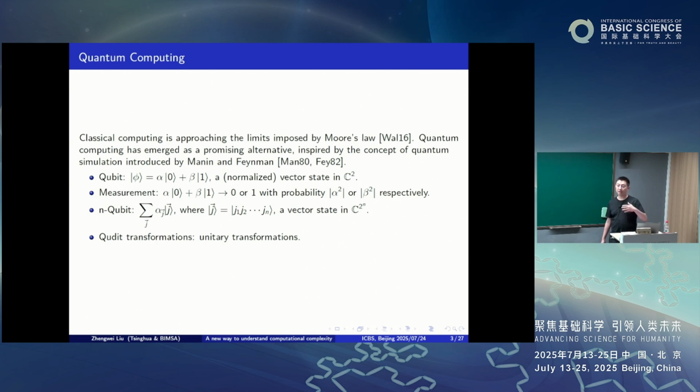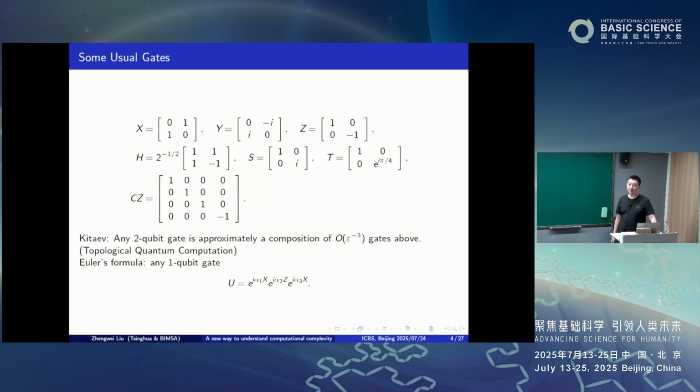This also shows the power of the operations we can do physically. In particular, if you take the superposition of states, you can do the operation on the basis states simultaneously. So this is kind of parallel computation that naturally appears in quantum computing. All those phenomena show the potential power of quantum computation.